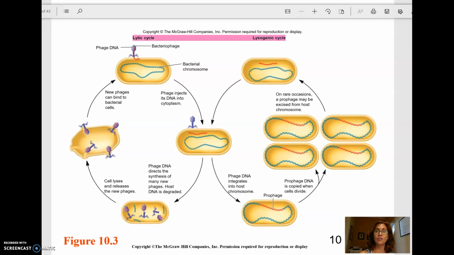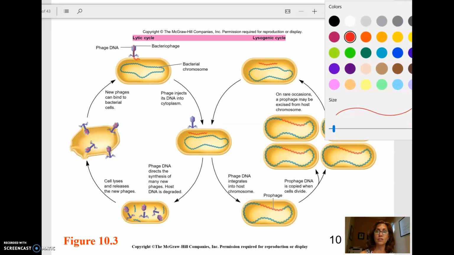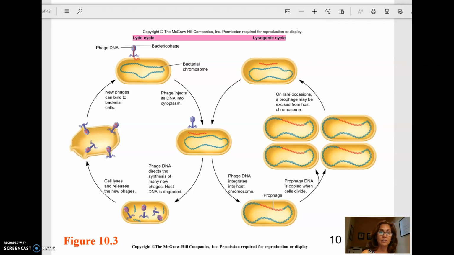Okay? So first of all, in this example, let's start with the lytic cycle. In this case, the bacteriophage infects the cell. It injects its DNA. The DNA enters the cell. Genes are expressed. As a consequence, the bacterial cell's DNA gets all chopped up, and the phage DNA directs the construction of new virus particles.